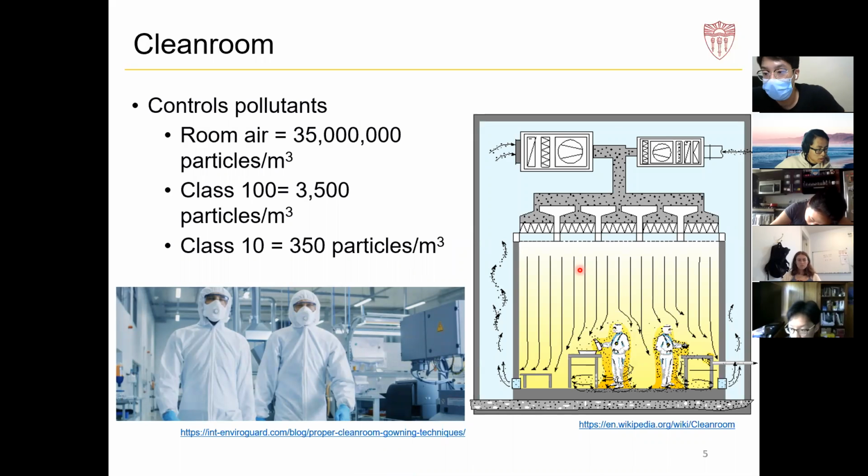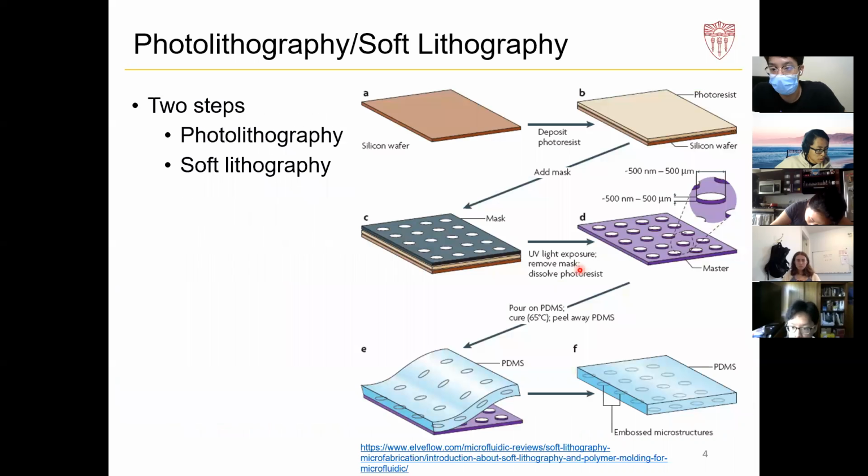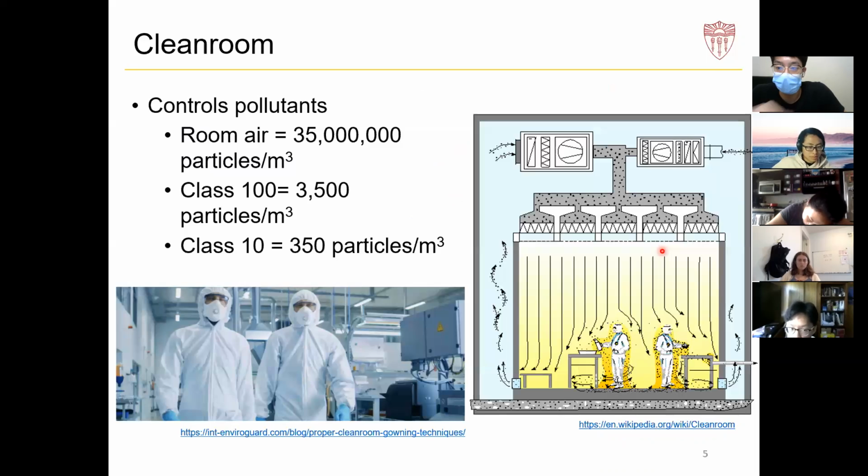So the procedure for photolithography, the first part, is carried out in a special facility called the clean room. The clean room is regulated so that the number of pollutants, like dust particles, literally any particles, is controlled.